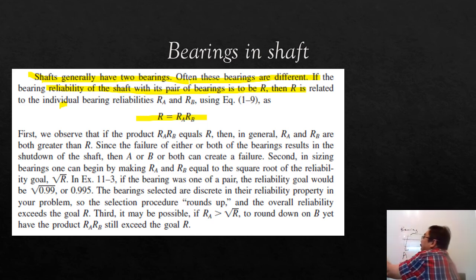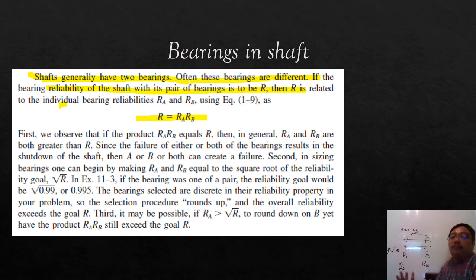R equals RA times RB. So you have to calculate for both factors. Calculate for A first, then calculate for B. Then you combine them. Meaning that you can be sure your bearing is safe, because you consider both situations.